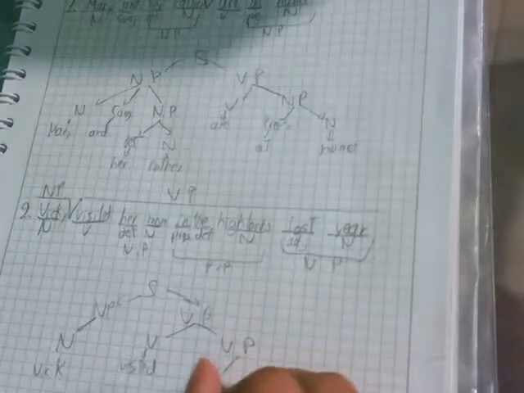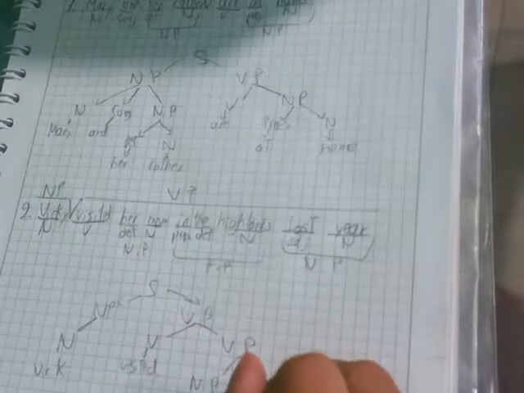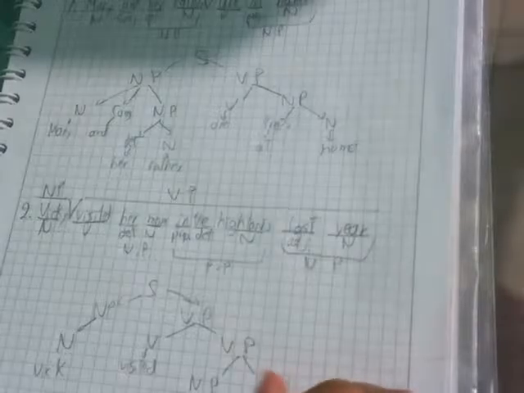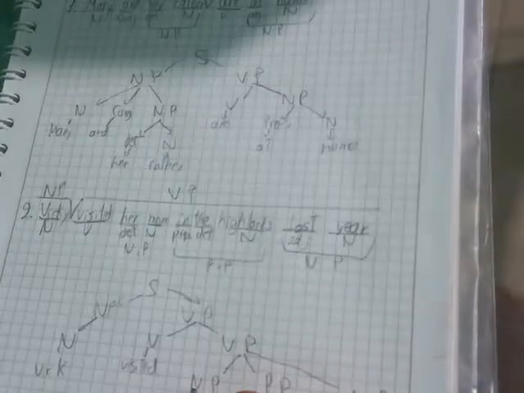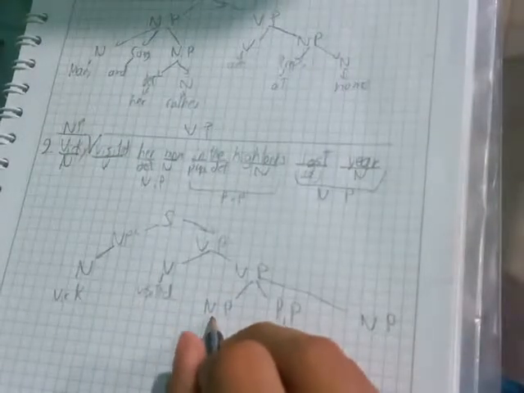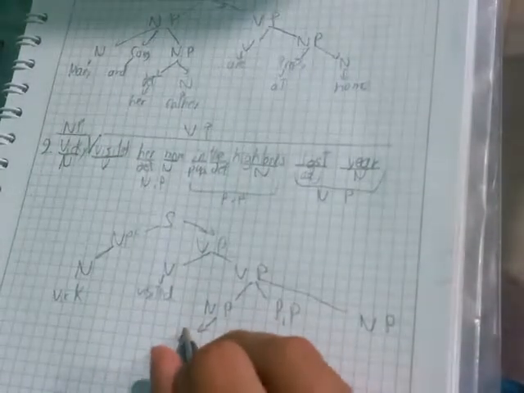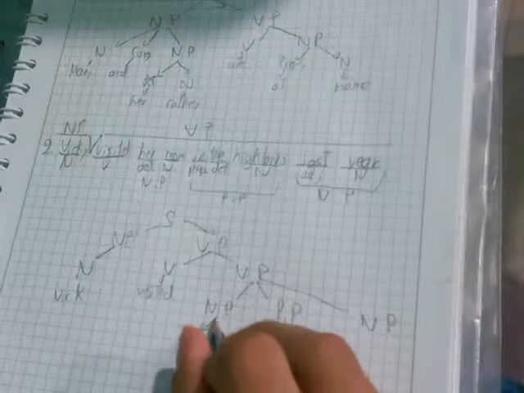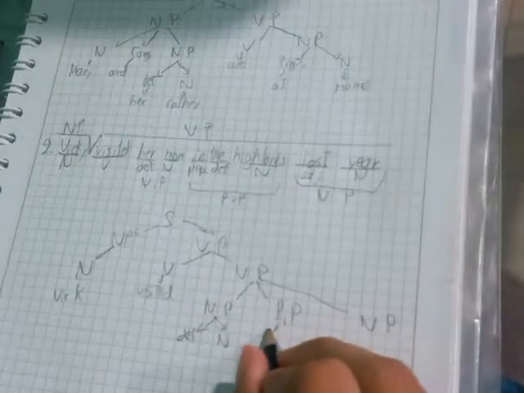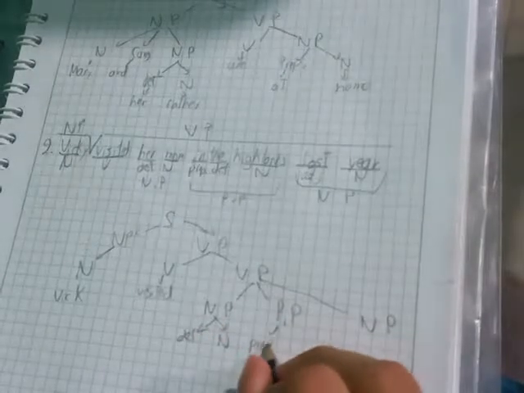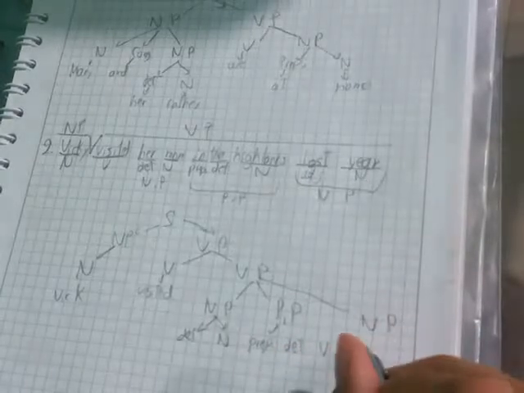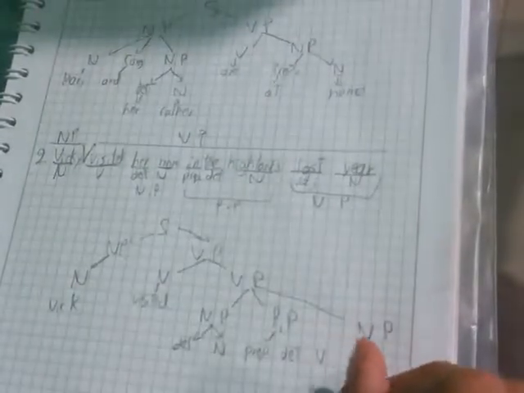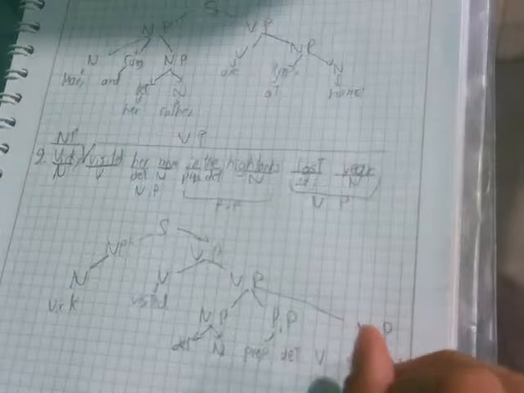That would be the first noun phrase, the prepositional phrase, and the noun phrase. This noun phrase has the determiner and a noun. And this prepositional phrase has a preposition, obviously, a determiner, and a noun. And this noun phrase has an adjective and a noun.